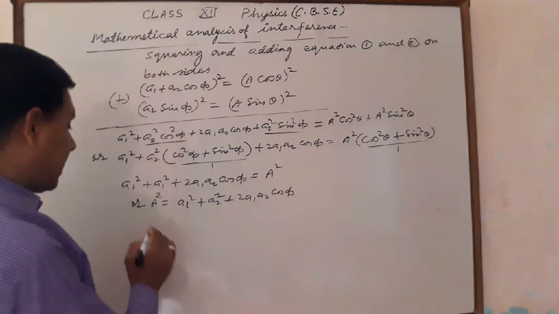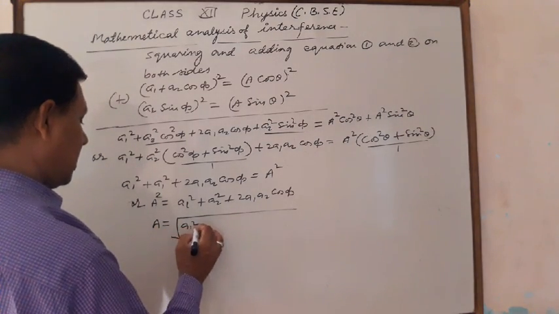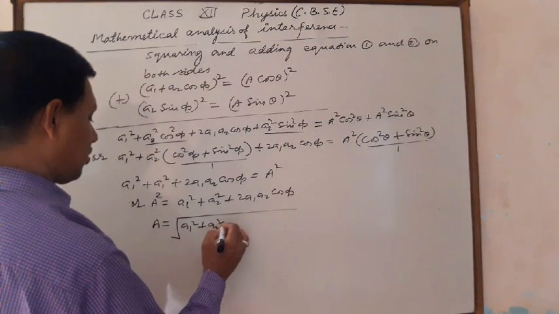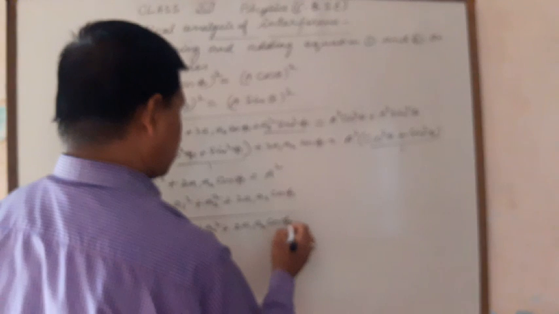Taking under root on both sides, A is equal to under root A1 square plus A2 square plus 2A1 A2 cos phi.